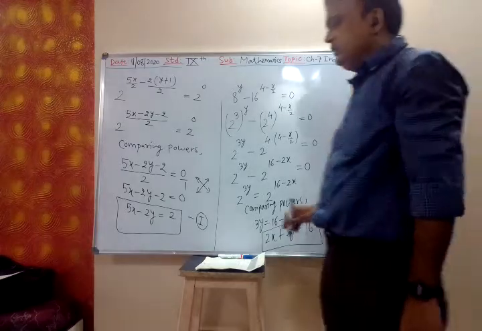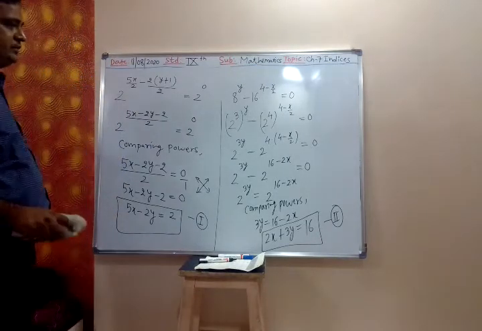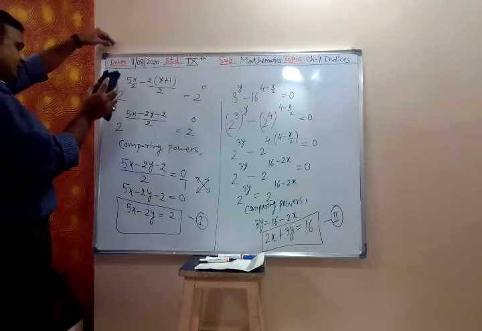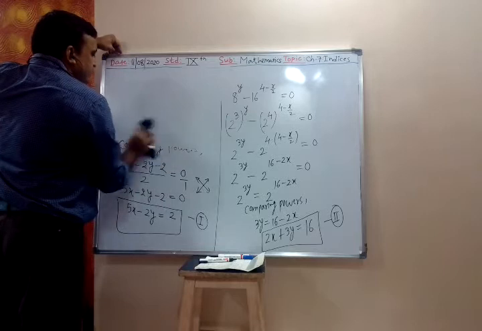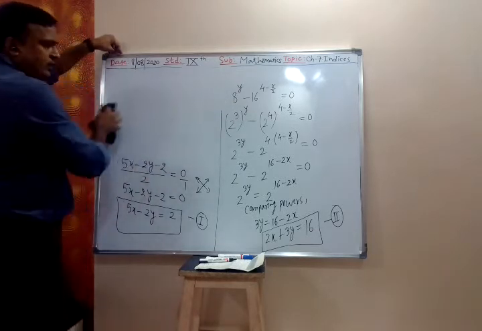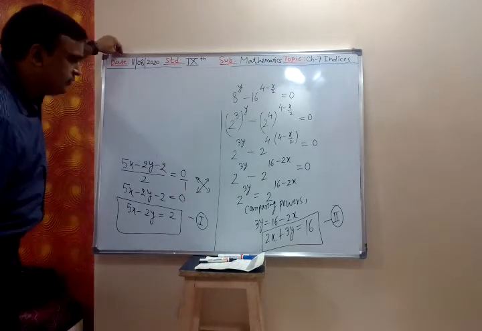Now you have to solve equation 1 and 2 using equating coefficient method. These two are linear equations which we solve by using equating coefficient method. Either we make coefficient of x equal or we make coefficient of y equal.